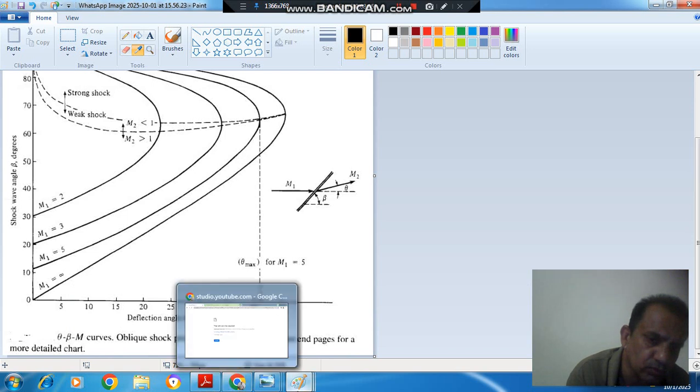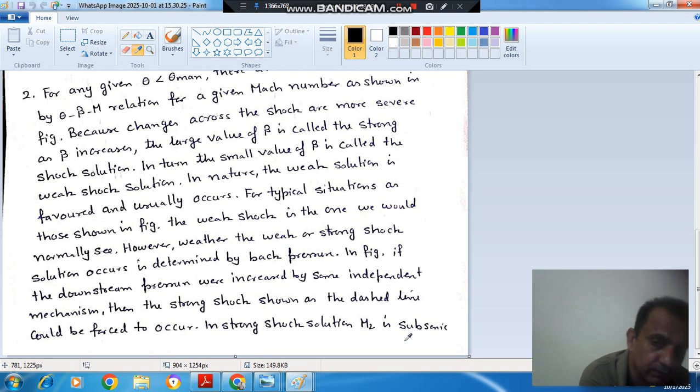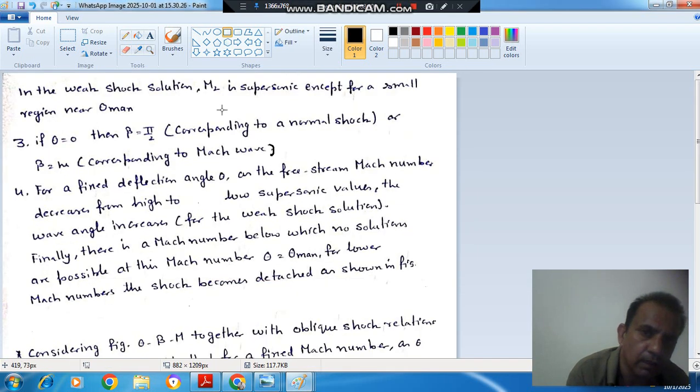In case of strong shock, the downstream Mach number will be subsonic. Strong means initially we have supersonic flow and after the shock we have subsonic flow. So there is a large difference, and that will be a strong shock. And in weak shock, M2 will be supersonic except for a small region near theta max.